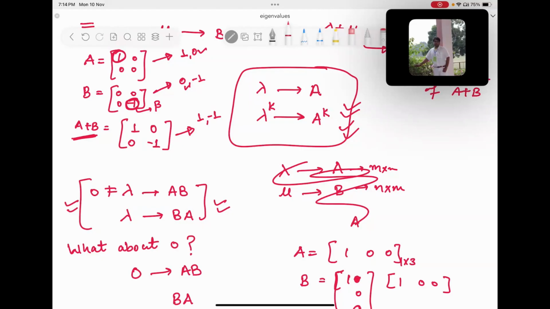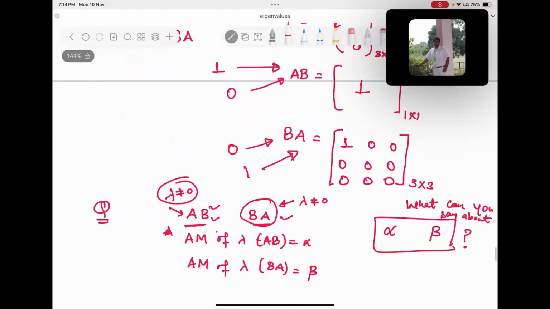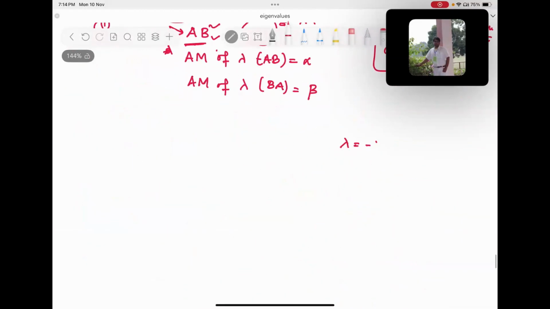So suppose lambda equals -1 is an eigenvalue of A. Then lambda square will be 1, and this is an eigenvalue of A square.